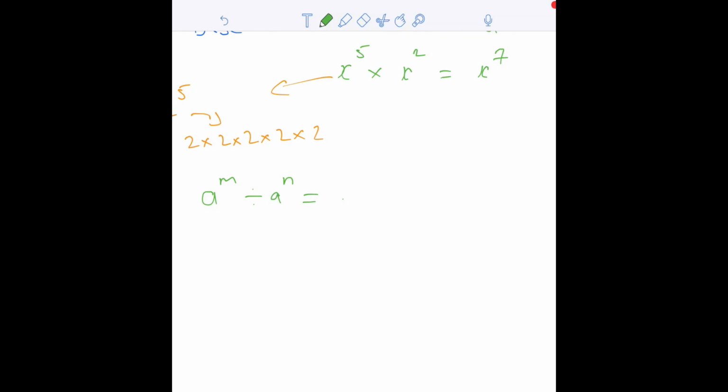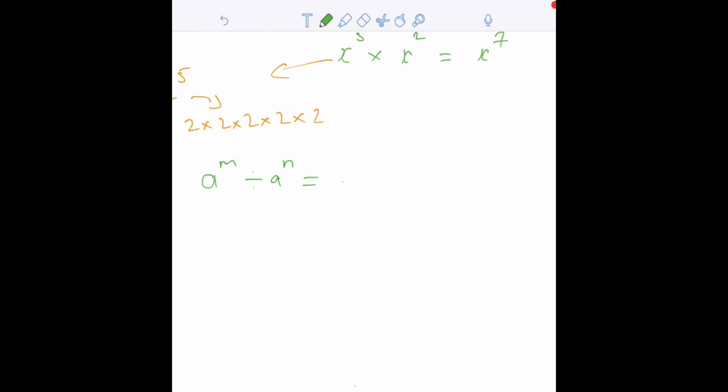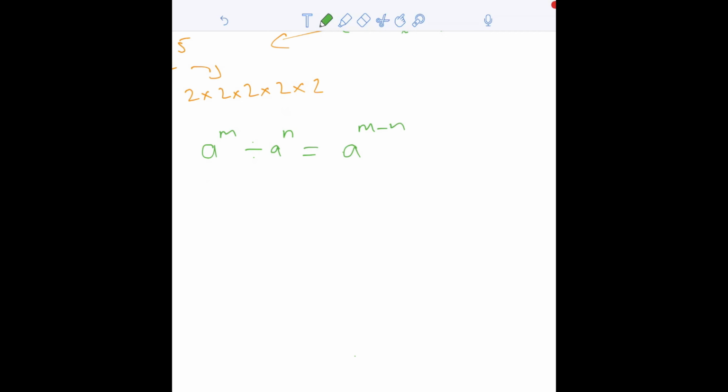When the bases are the same and they are being divided, the powers subtract. Now this becomes a to the power m minus n. A simple example would be, x to the power of 6 divided by x to the power of 3 is equal to x to the power of 6 minus 3, which is equivalent to x to the power of 3.